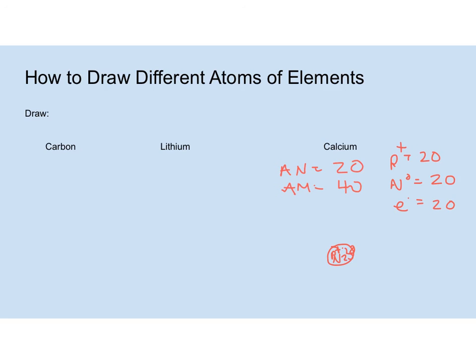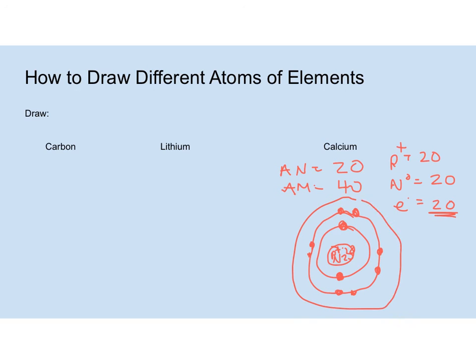And now we have to put 20 electrons. Draw my first energy ring. There's 1, there's 2. Draw my second energy ring. There's 3, 4, 5, 6, 7, 8, 9, 10. Now, I've only got 10 electrons, but remember, I've got 20 that I need to fill up. But I've just filled up this ring, so now I have to draw another ring.